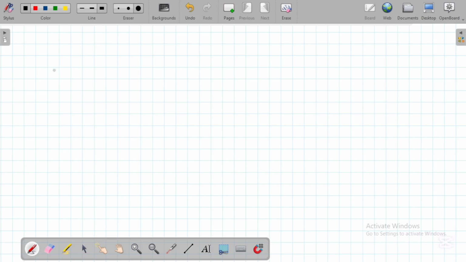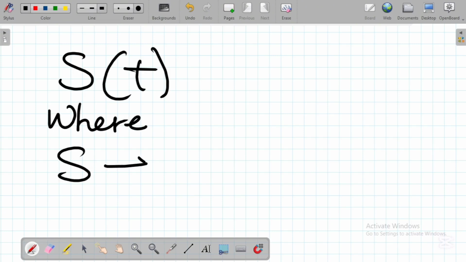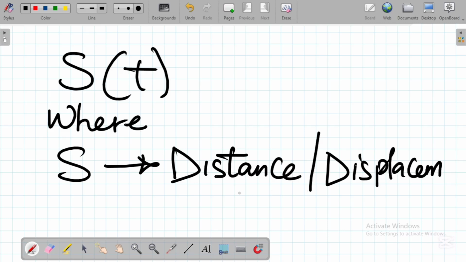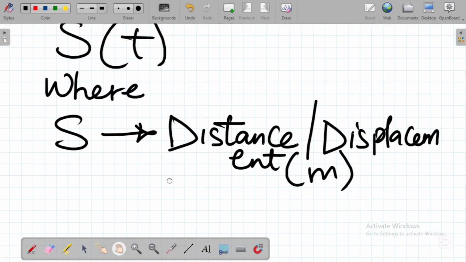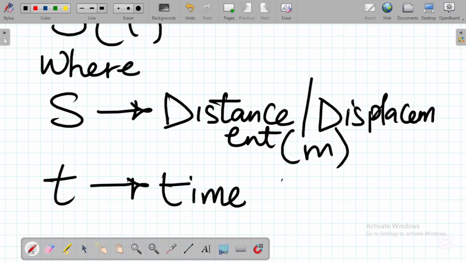Given that distance or displacement is a function of time, that is to say, s is a function of time, s of t, where s is distance or displacement, measured in meters, and t is time, measured in seconds.